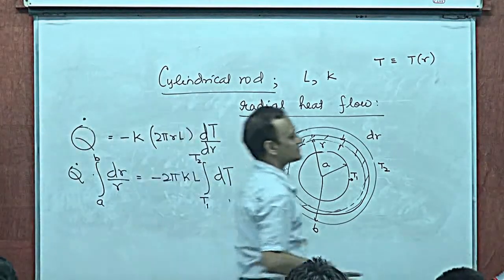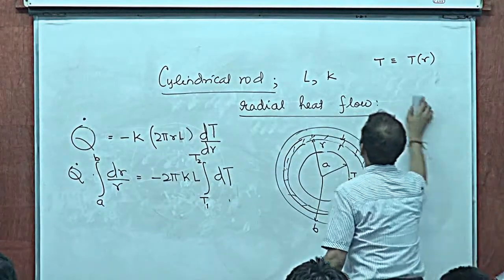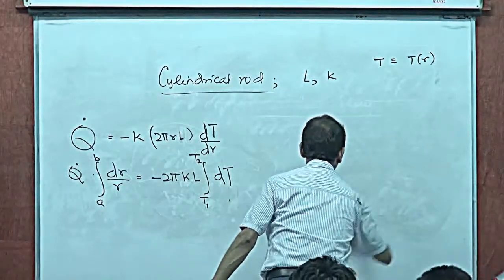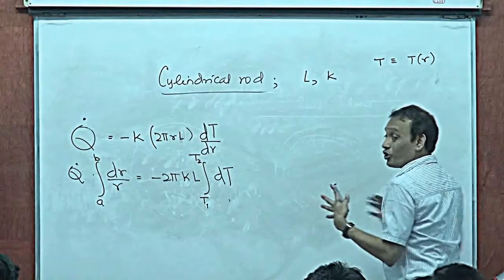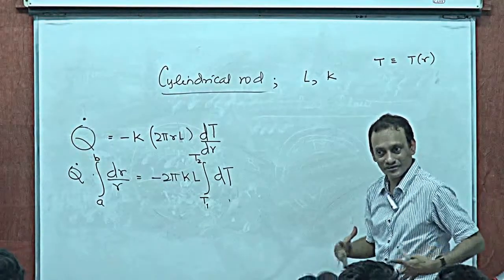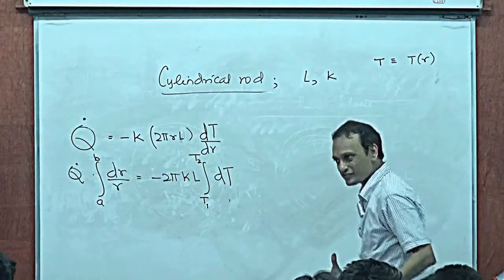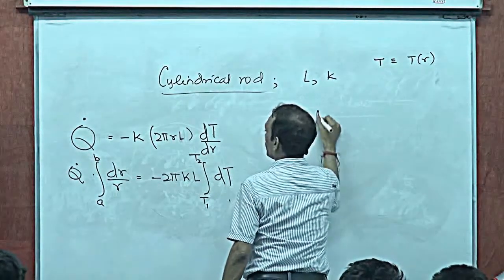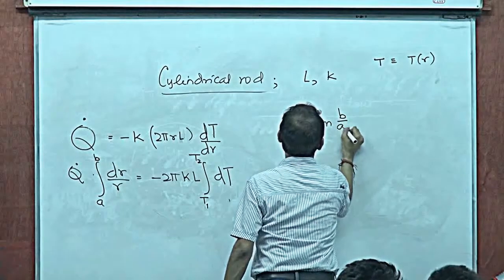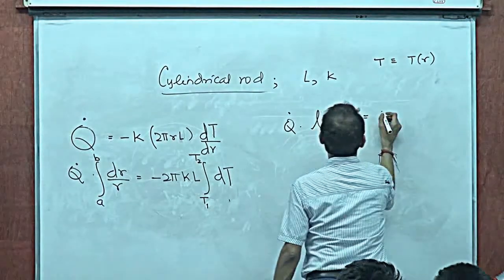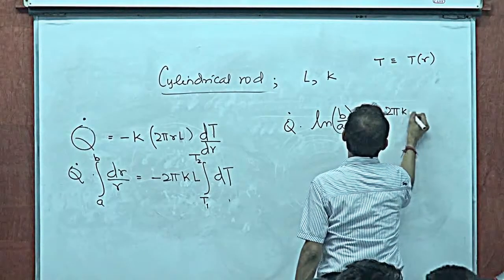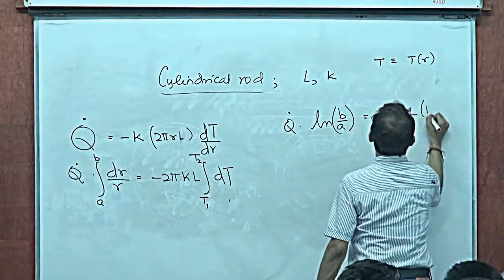So this is all radial heat flow in a cylindrical rod. Radial heat flow in a cylindrical rod. So then I get Q dot into log B by A. That's the left hand side. Equals minus 2 pi K, or I could say 2 pi KL into T1 minus T2.